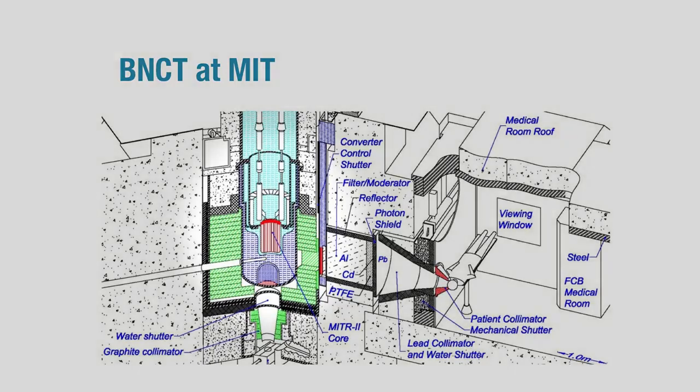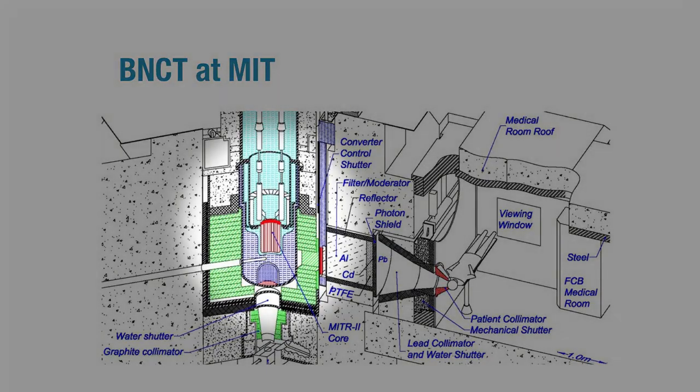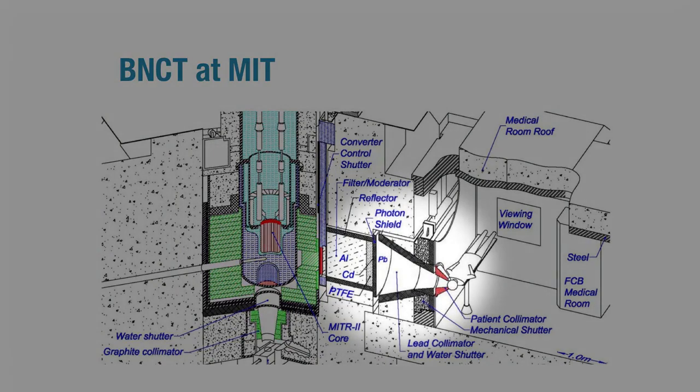So at our reactor, we actually have a core which produces lots of neutrons and gamma rays, a gamma shield, which you can see what's called the photon shield, and something to select only the fast neutrons, in this case what's called a cadmium fast flux trap, and then a series of lead filters and water moderators to help slow down these neutrons and focus them into a tight epithermal beam, where on the right the cancer patient would sit, and with a very well placed positioning, the neutrons would irradiate the tumor that's already been tagged with the boron, while leaving the rest of the patient mostly unharmed.